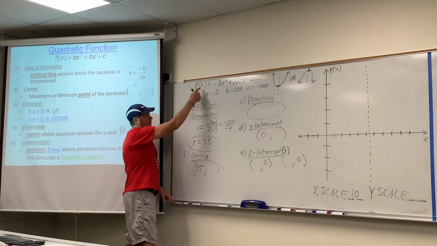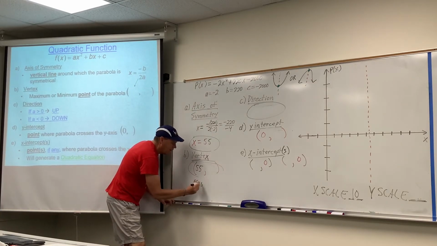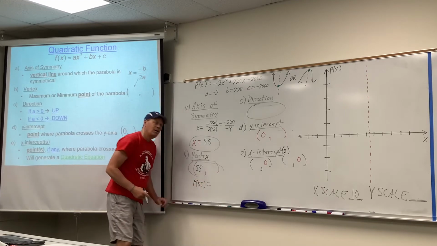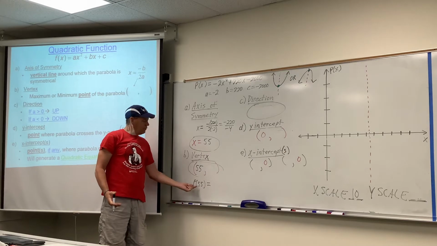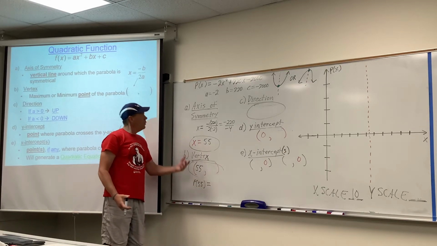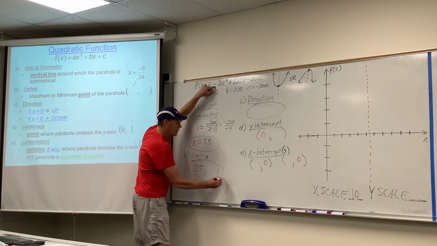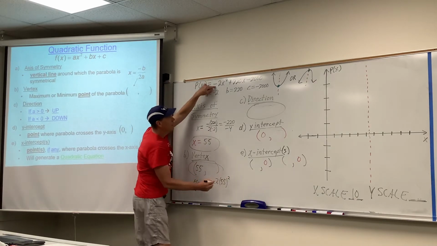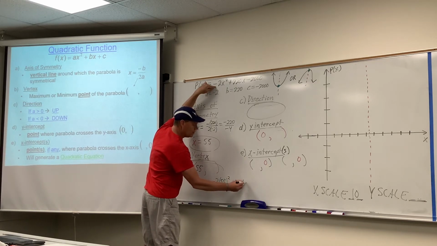And now we're going to put 55 into the function, p of 55. Now, in the context of this question, what we're basically saying is, what would be the profit if we sold 55 calculators in a given day? So we put 55 in for x. And this is again basically the order of operations.